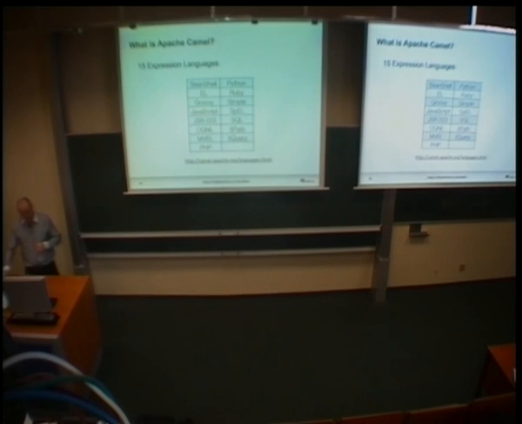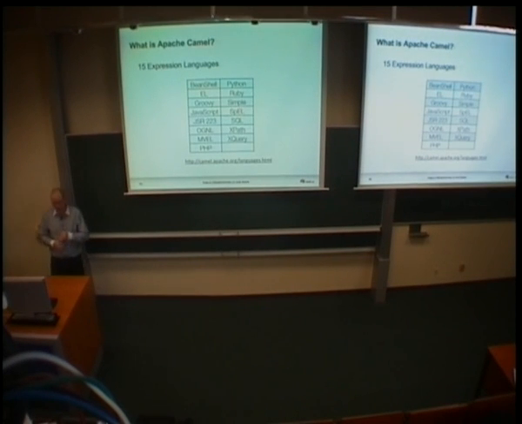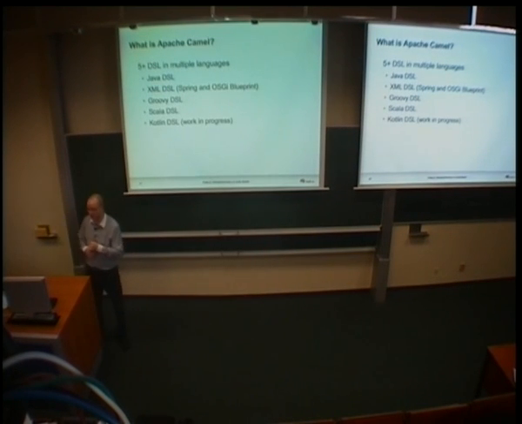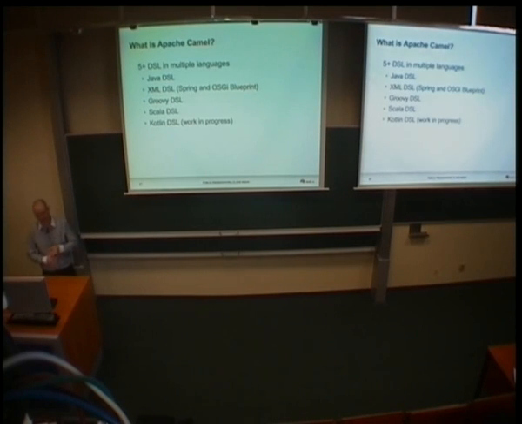We talked about before the expression language I showed you in this example, the simple language. But here is the list of what we provide out of the box with Camel. And Camel has the DSL in multiple programming languages like Java, of course, and as mentioned before, XML with Spring and OSGi, but there's also a Groovy DSL.